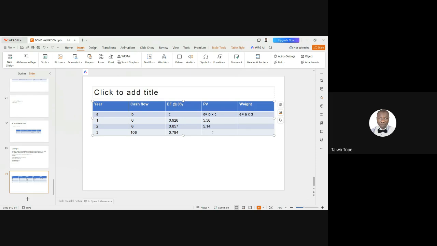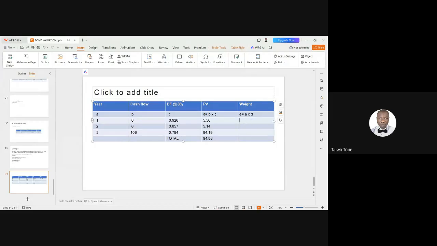And for year 3, it will be 84.16. So what will be your weight at this point? Your total PV, when you add, should be 94.86. Your weight is A multiplied by D.